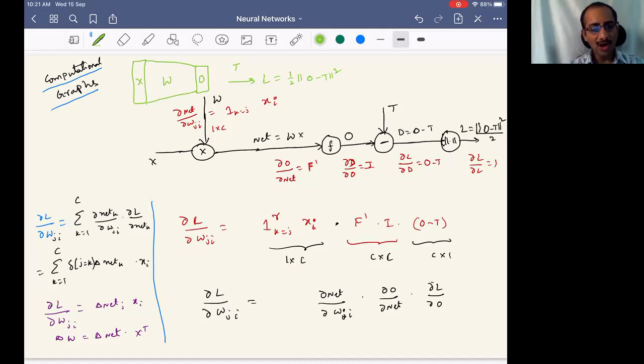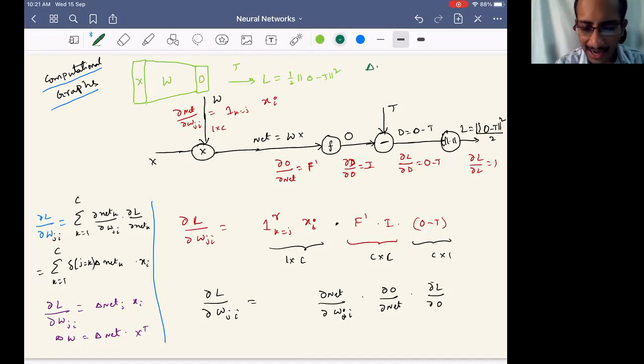What is it that we want to find in this? What is our objective? Gradients. Gradients of different weight elements.